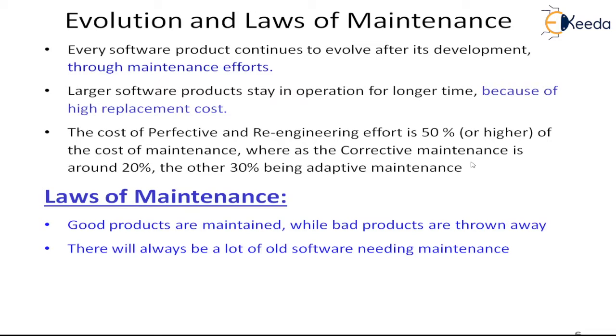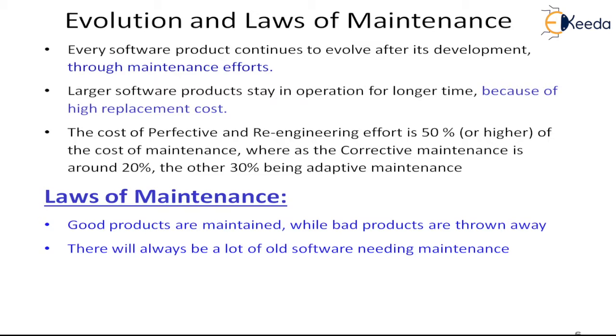Then we come to the laws of maintenance. Good products are maintained while bad products are thrown away. This we talked of earlier. There will always be a lot of old software which will need maintenance. Why will it be old? Because it will live for 10, 15 years. By the time it lives for 10, 15 years, it is obvious that it will become old.